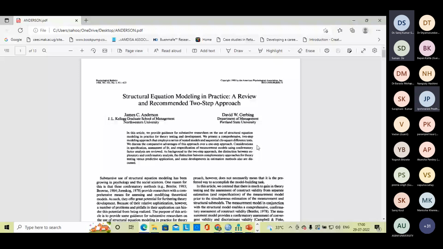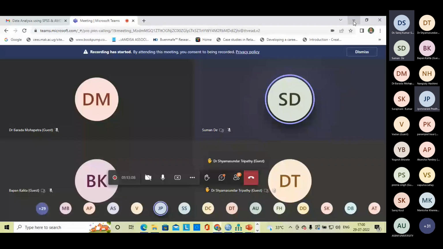According to Anderson and Gerbing, 1988, the scholar tests the measurement models through CFA, then goes for SEM. This is freely available, do not worry. Otherwise, I will share it with the organizer.